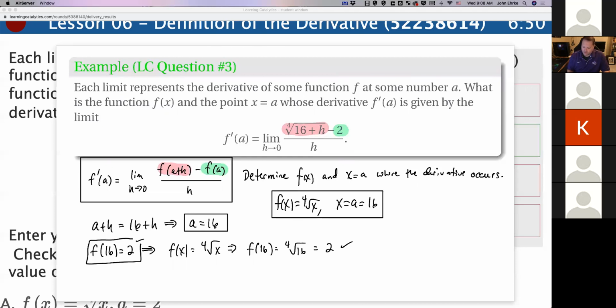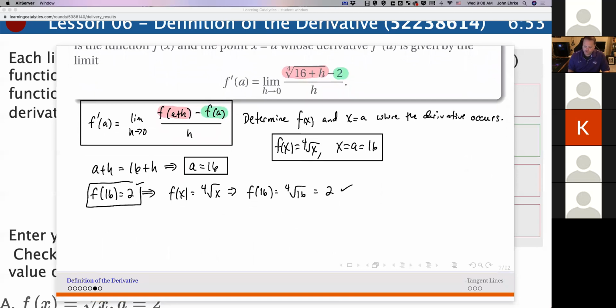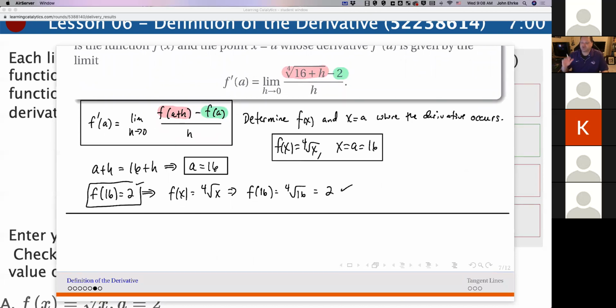Now, I want you to understand that when you do a problem like this, it's almost always going to be a multiple choice question. And the reason is because there's more than one answer to this. For instance, if I had chosen f of x to be the fourth root of 16 plus x instead, and I said that we were calculating the derivative at a equal to 0, that would still work, because f of 0 would be the fourth root of 16, which is 2.